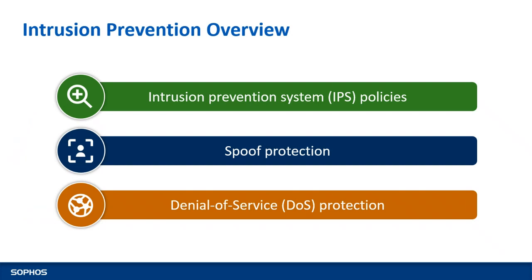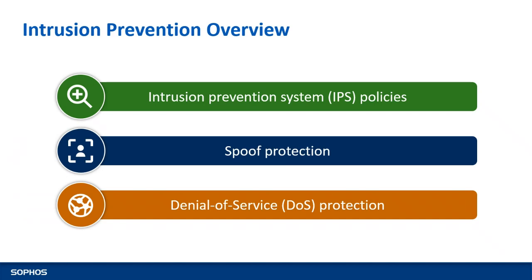Here, the intrusion prevention in Sophos Firewall consists of three parts. The intrusion prevention system policies, or IPS, that apply to firewall rules to protect against vulnerabilities in malformed traffic, for example.